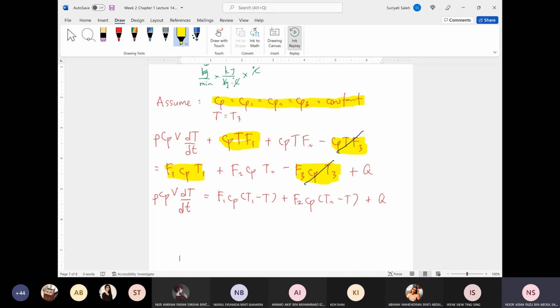So let's say, for example, the question asks you to derive the energy balance for the given system. Sometimes maybe some of you are too familiar with the equation, so you just show the final equation. Let's say the mark is 10.